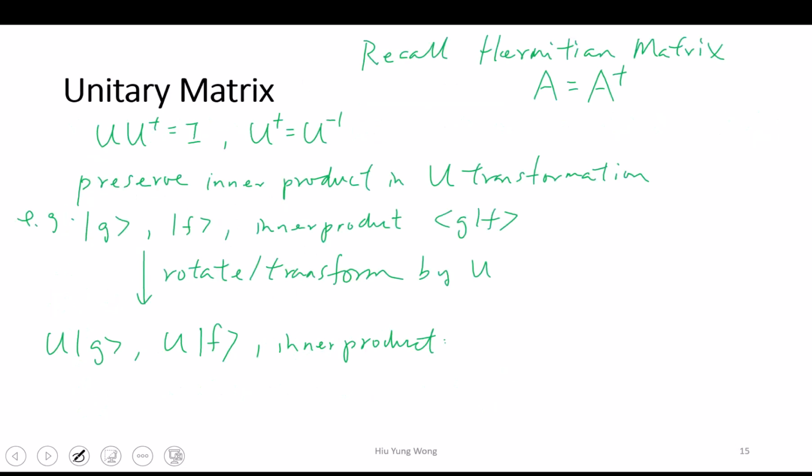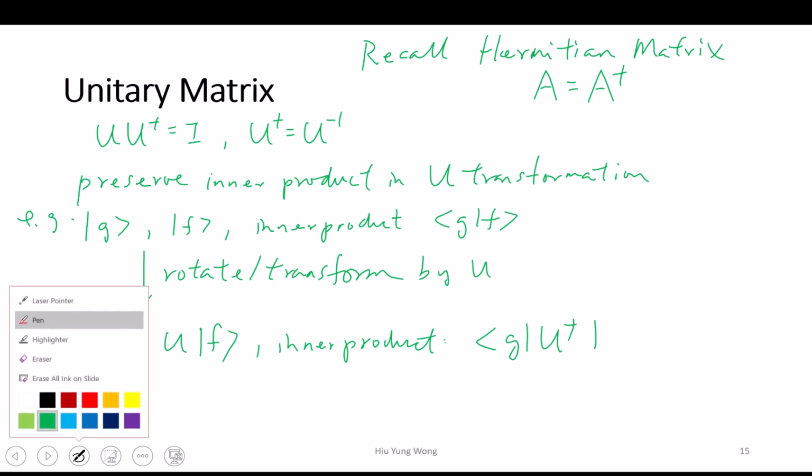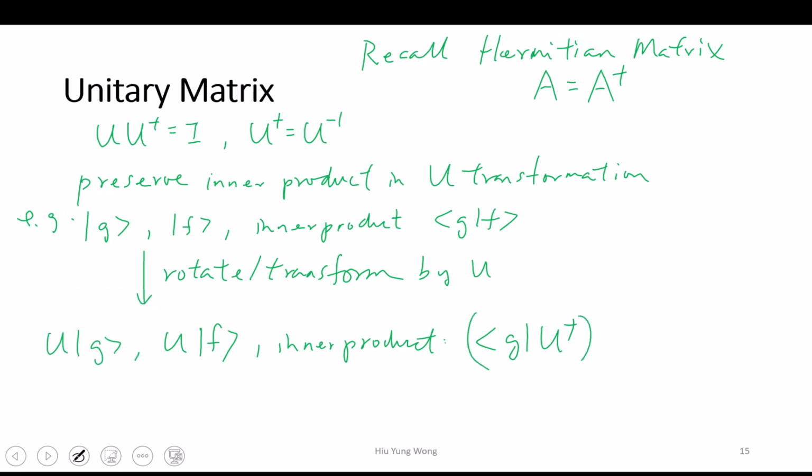So the inner product is going to be G times the adjoint of U, the whole thing then doing an inner product with U times F, because this F now becomes UF.